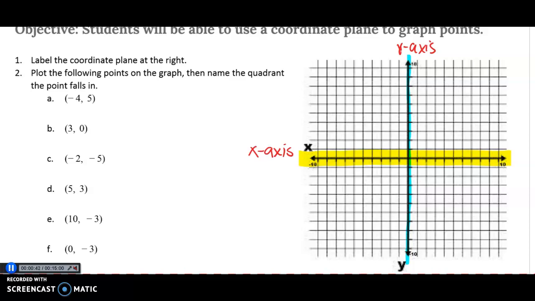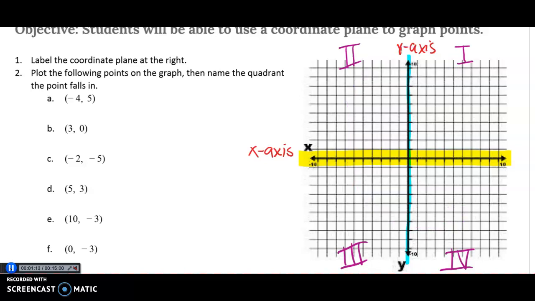You start counting from the upper right-hand corner, so that's quadrant 1, and then you go counterclockwise. So then the next quadrant is quadrant 2, then quadrant 3, and then quadrant 4. A good way to help you remember is it'll make a C for coordinate plane.